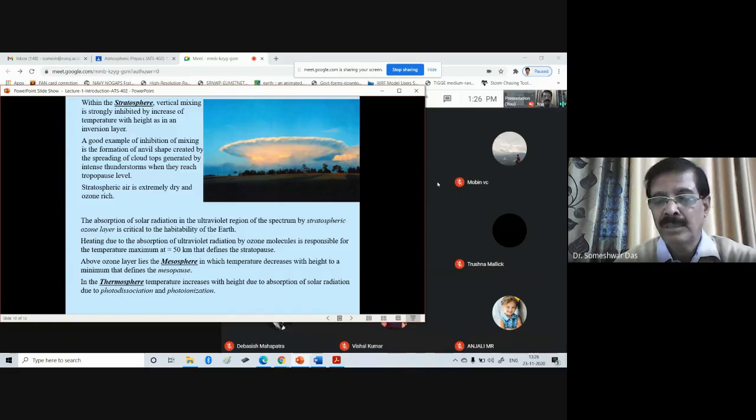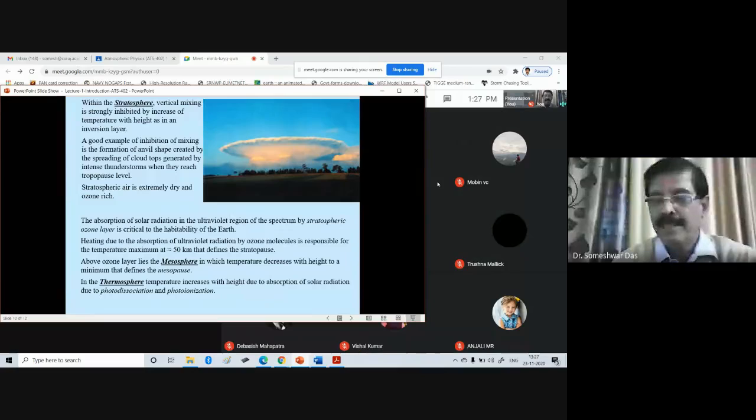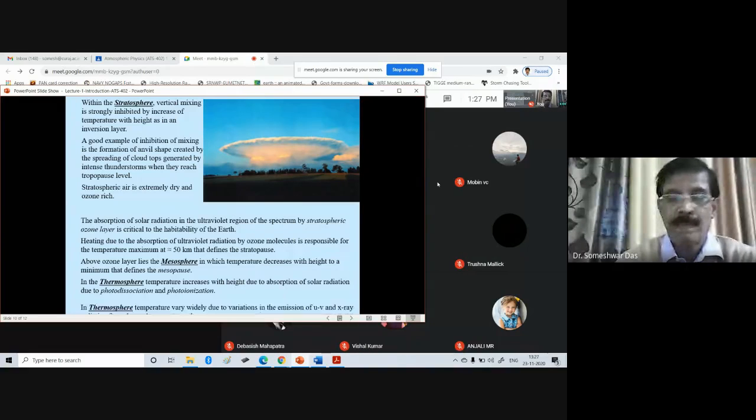Cochin University got a project funded by DST, the Department of Science and Technology of the Government of India, and through that project could install another MST radar in Kochi. These two radars measure the profiles of temperature and wind up to the mesopause.